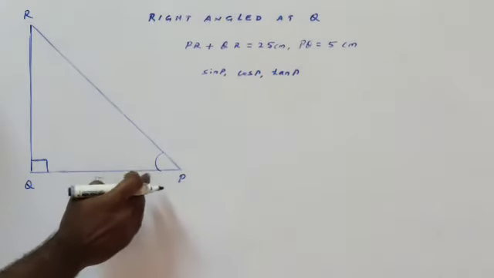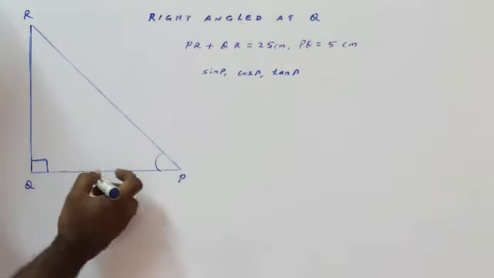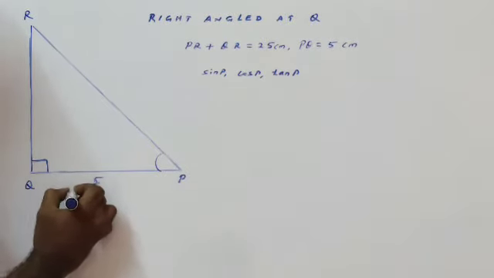Already I told that the side between the angle and the right angle is called the adjacent side. So this one is the adjacent side.